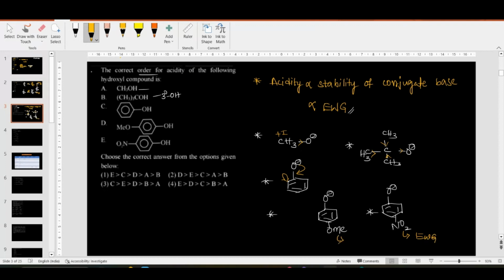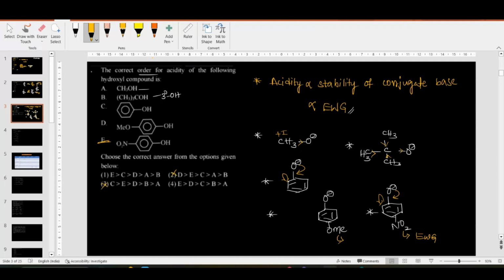Due to this, the electron withdrawing group withdraws the electron, and effective resonance or effective delocalization occurs here. So this one has more acidic character, right? So E has a more acidic character, so you can eliminate these two options.